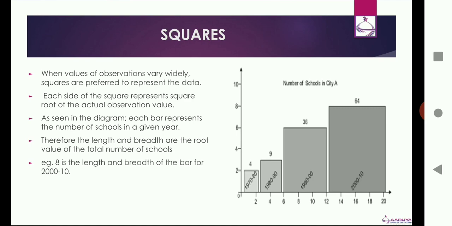Similarly, for 1990 to 2000 we get 6 as the breadth and the height of the square. This makes it easy to compare where there were very few schools in the 2 decades previously. In 1970 to 1980 there were only 4 schools, and 1980 to 1990 there were only 9 schools. This makes us easily observe the increase in number of schools while making it comparable and memorable.